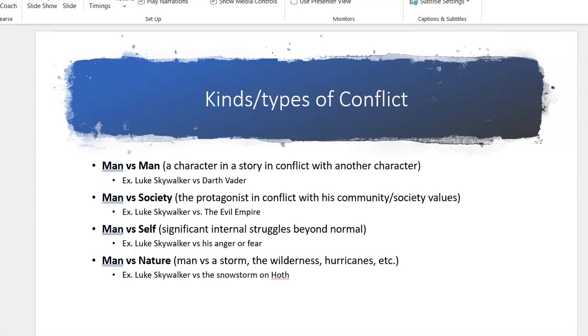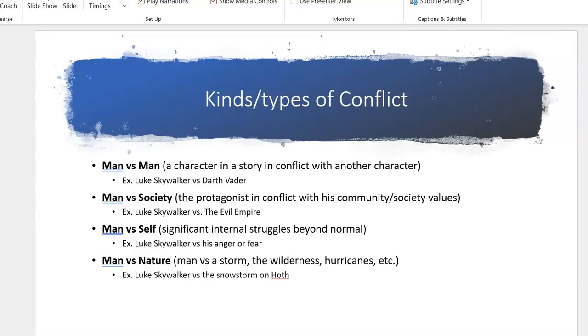And all along, this is the layers here, Luke is battling with his fear and his anger while he is in conflict with Darth Vader and the evil empire. So there are multiple layers of that, but the plot story is typically played out with him and Darth Vader, but there are just layers. So that's what we're looking for here.